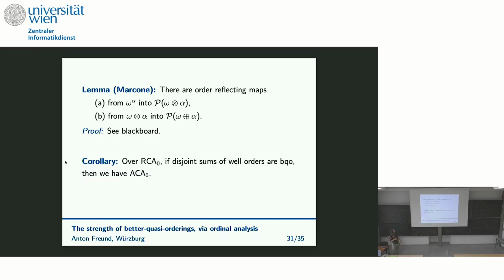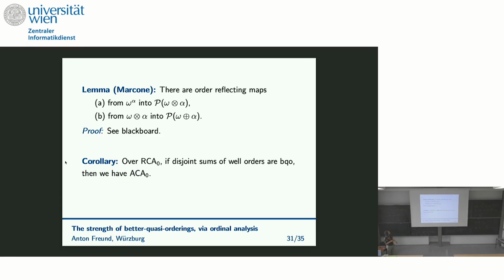This lemma by Marcone says that this order omega to the alpha can be embedded into the power set of the product of omega and alpha. And the product is ordered component-wise.